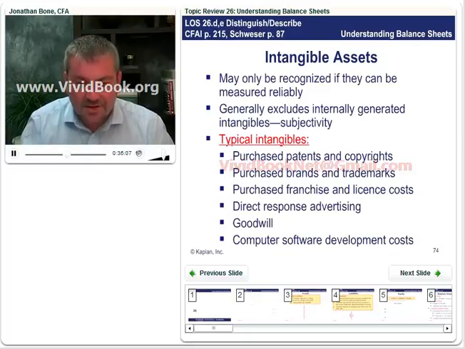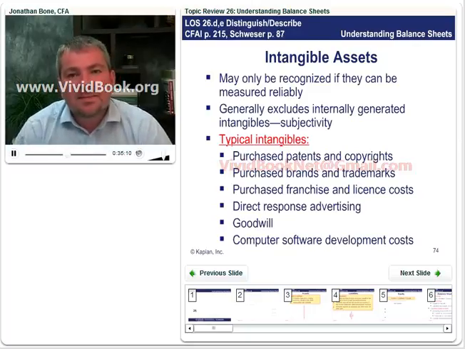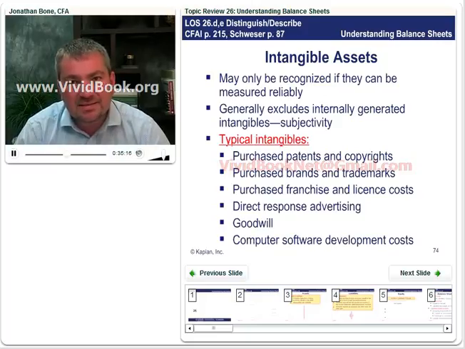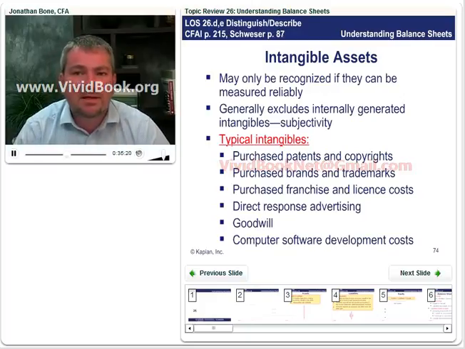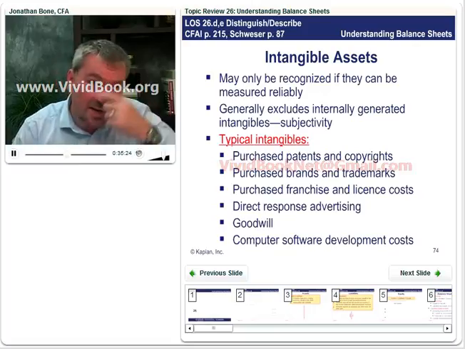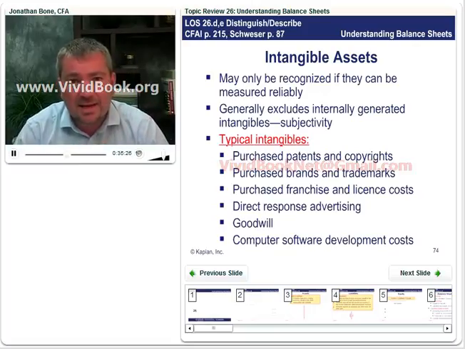You can't do it. So our typical intangibles are going to be patents and copyrights, brand names and trademarks. Notice purchased patents and copyrights, purchased brand names and trademarks, purchased franchise and license costs, direct response advertising. So here's some internally generated intangible that can be capitalized. Now, direct response advertising is a little bit of a tricky one. It's a bit of an oddity.